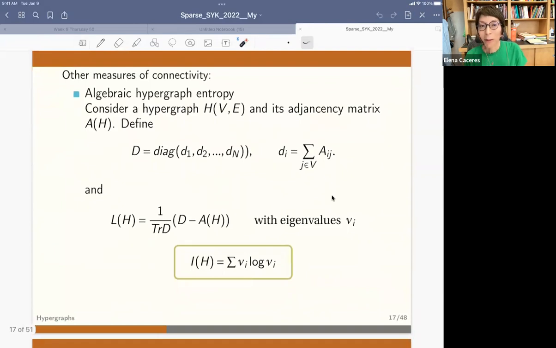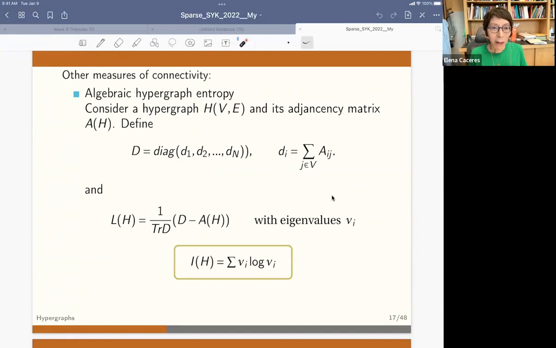These are all math results, and there are many others, like for random walks, the so-called covering times. If you start at one of the vertices and propagate a signal, how long does it take to cover the whole hypergraph? There are many results, but I'm just looking at connectivity right now.